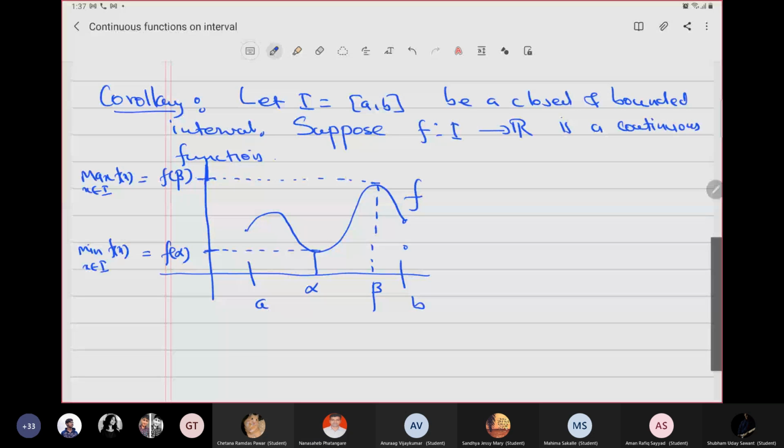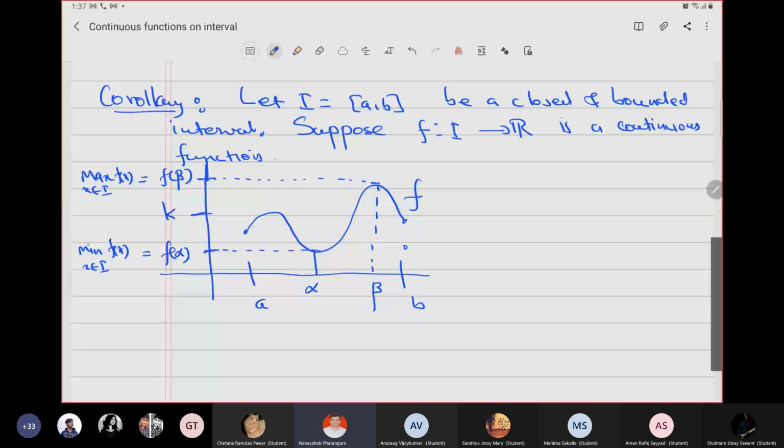Now, do you understand? Suppose I choose any k between f of alpha and f of beta, right? Then does there exist c at which value is k from this figure? Yes, sir. Right.